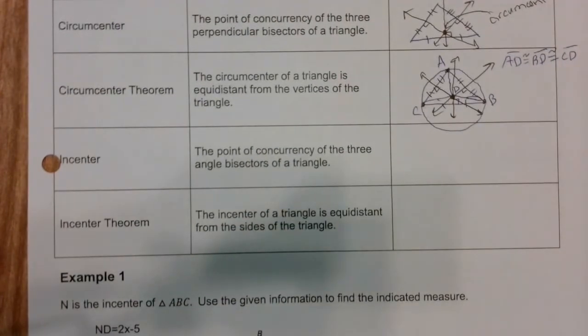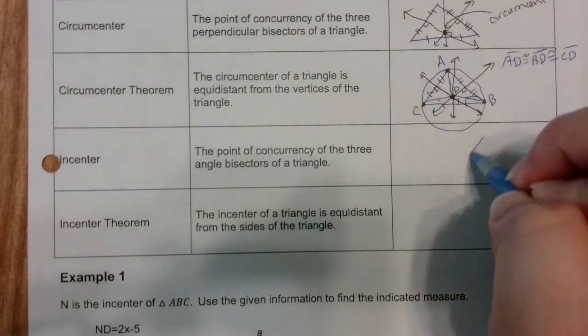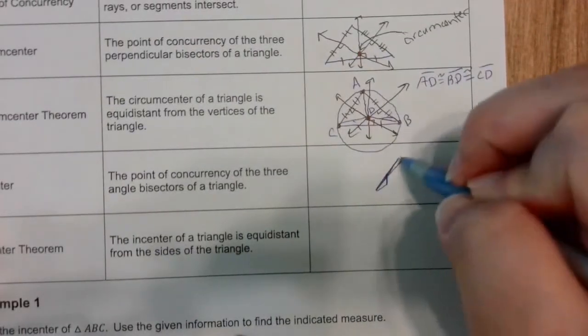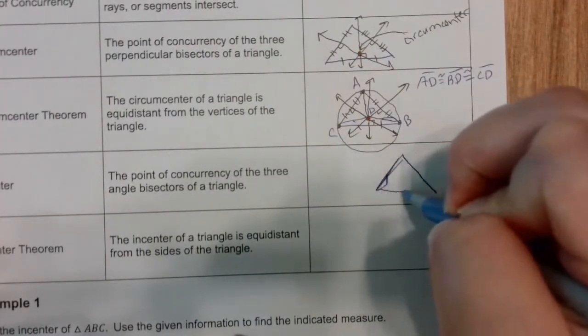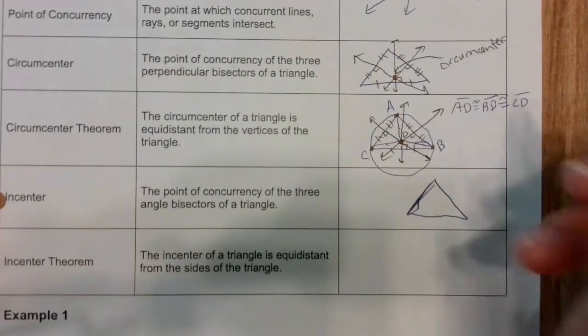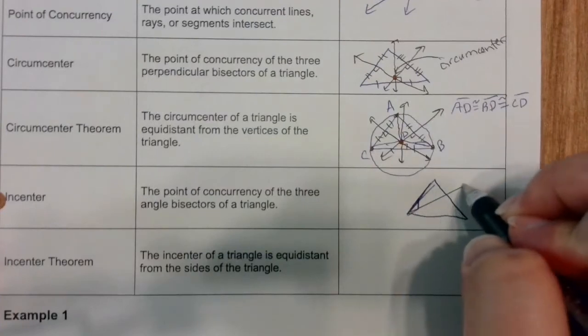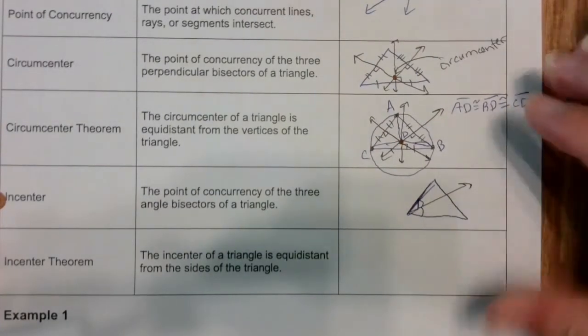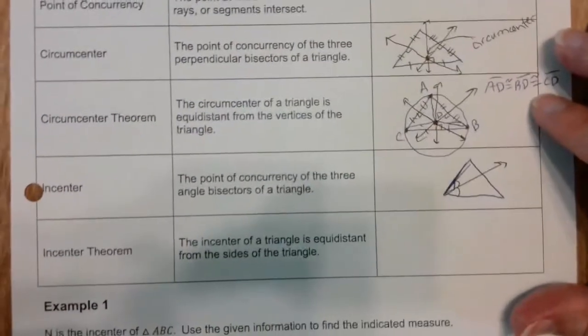Now the incenter is a similar idea, except it's taking your triangle and it's calculating the angle bisectors this time. So there's one angle bisector, and you would know it's the angle bisector because of the congruency marks.